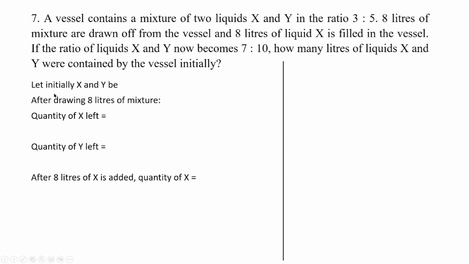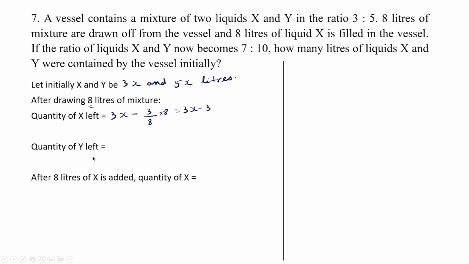So let us take, let initially X and Y be 3x liters and 5x liters respectively. Now, after drawing 8 liters of mixture, the quantity of X left will be 3x minus, here the proportion of X is 3 by 8 and from that 8 liters is drawn, so 3 by 8 into 8, it is 3x minus 3.